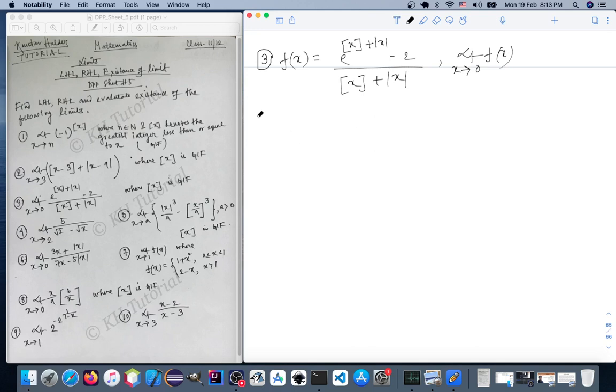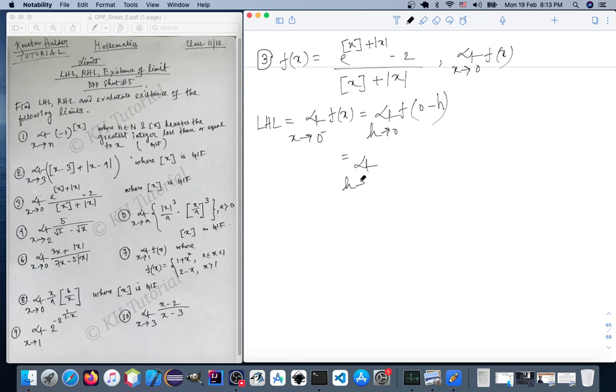So LHL, the left hand limit, is the limit x tends to 0 minus f(x), which equals the limit h tends to 0 of f(0 minus h). This equals the limit h tending to 0 of (e to the power [0 minus h] + |0 minus h| - 2) divided by ([0 minus h] + |0 minus h|).